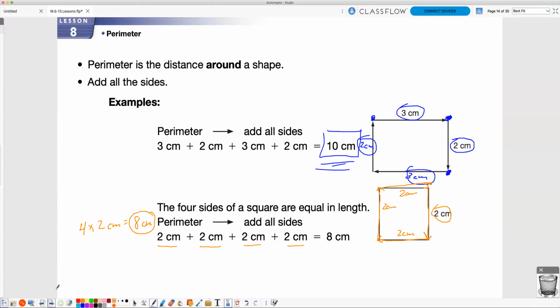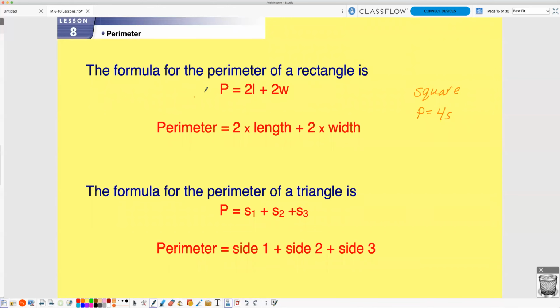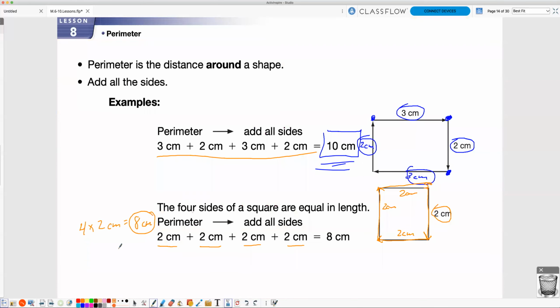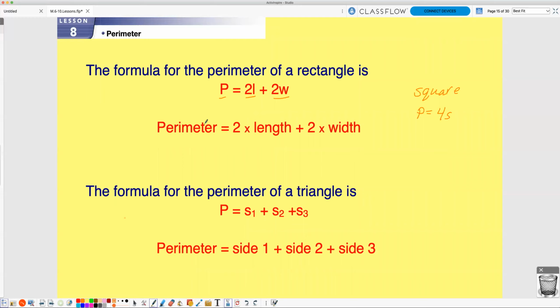In a rectangle, the formula for the perimeter of a rectangle is perimeter equals 2 lengths plus 2 widths. So you'd have one side being 3 centimeters times 2 in that case. So it'd be 2 times 3 centimeters plus 2 times, what do we have over here? 2 centimeters.